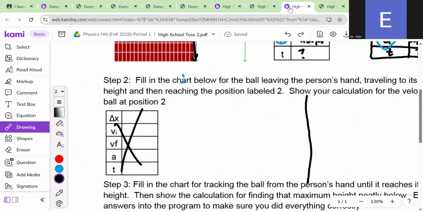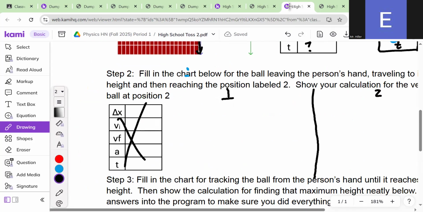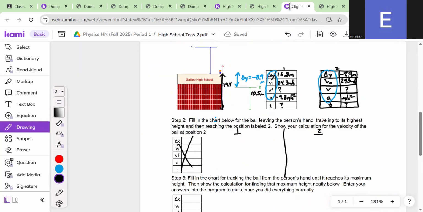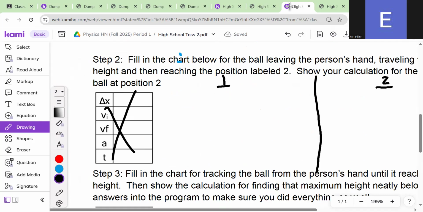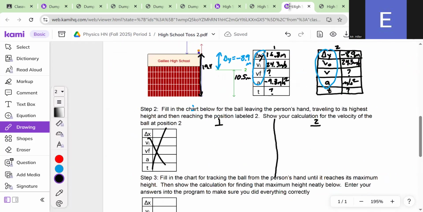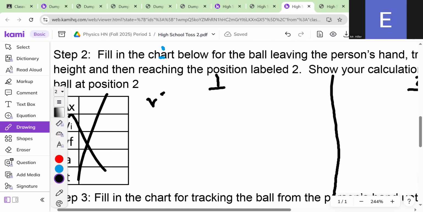What we're going to do is fill it out for location 1 and location 2. For both we can use the equation v squared equals v naught squared plus 2 times a times delta y. Again, don't cancel this. We're using the same equation we used in question 5.